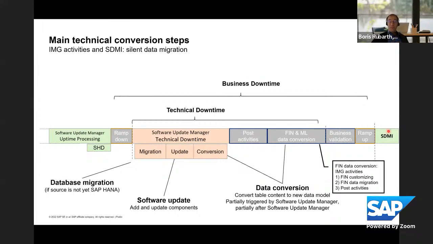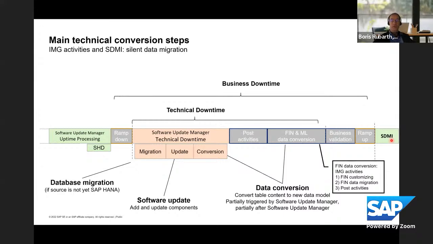That means end users are working on the system. It's happening in silence, so end users do not see, are not affected by this conversion. And so only after the conversion, before you start later on, a month or years later, the upgrade to the next release, this data conversion has to be finished. There are some jobs scheduled in the background that will execute this, and that's why we call this silent data migration.